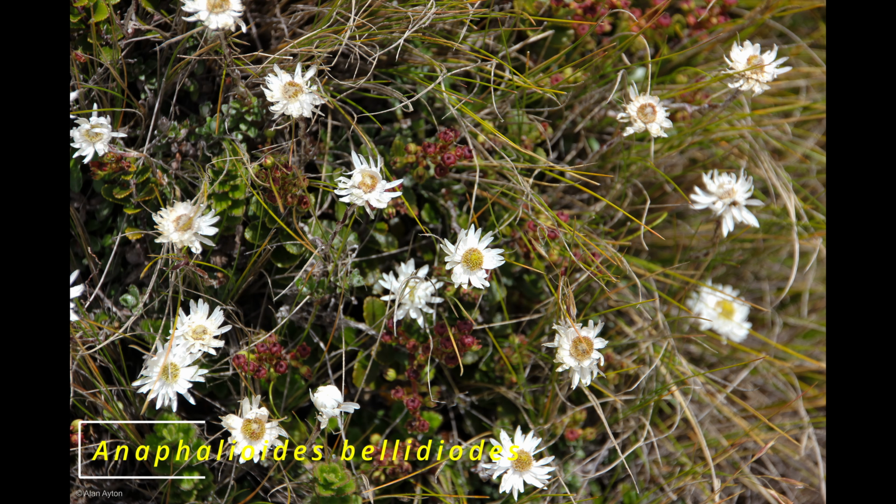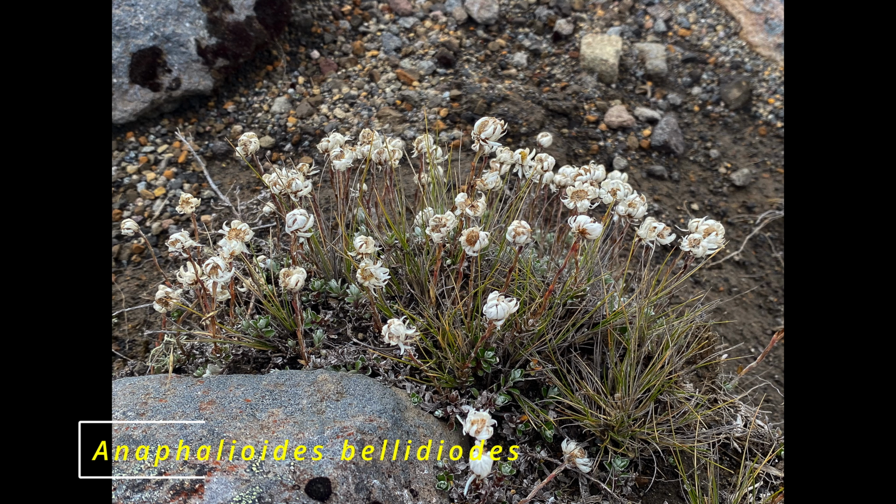Helichrysum bellidioides, also known as the everlasting daisy or hell's bells. It's a variable low-growing subshrub that can form loose patches. The leaves are grey to green and glabrous, 4 to 10 by 2 to 8 millimetres in size. A slender woody scape to 10 centimetres ends with an inflorescence 2 to 3 centimetres in diameter.